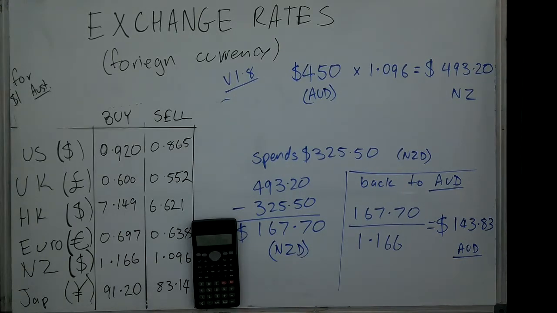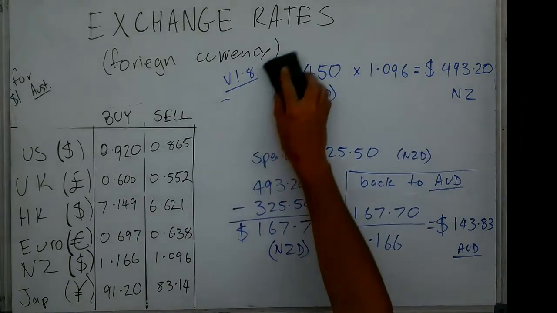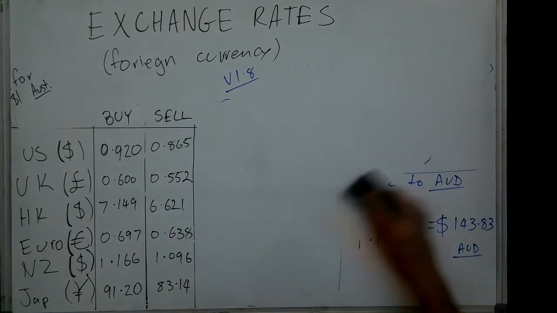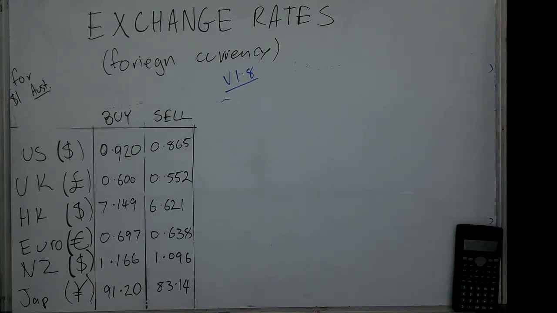So we've got one more example, and this one uses the middle rate. I'm going to rub this out. So this last example with the currencies, an online currency.